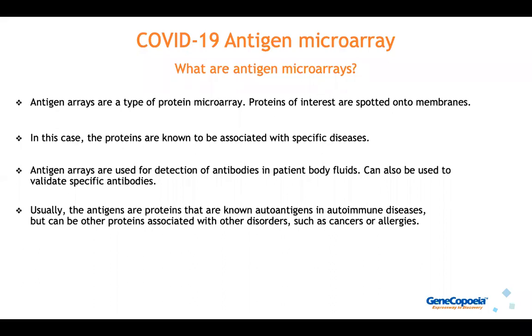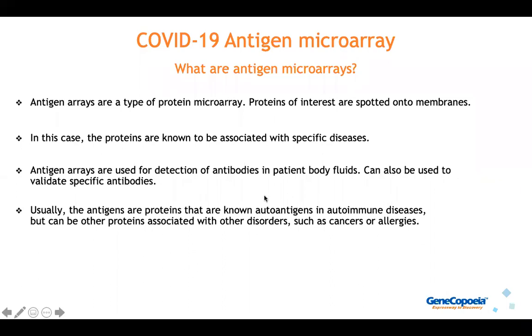And going even further, the COVID-19 antigen microarray contains a number of SARS-CoV-2 related proteins, okay? Antigen arrays are used for the detection of antibodies in patient fluids. So this is similar to a serology test, okay? So this would not be useful for looking for active virus, but it would be useful for looking for people who have had previous infections or who have had maybe other coronaviruses, such as seasonal coronaviruses.